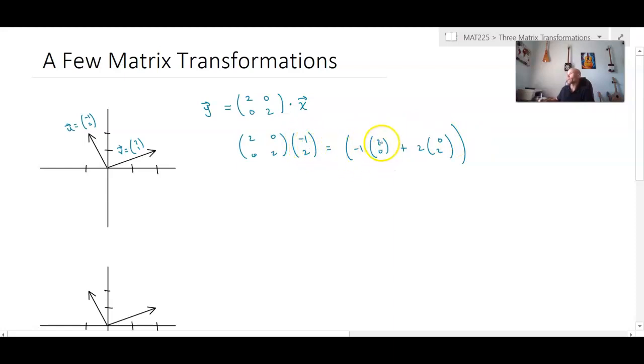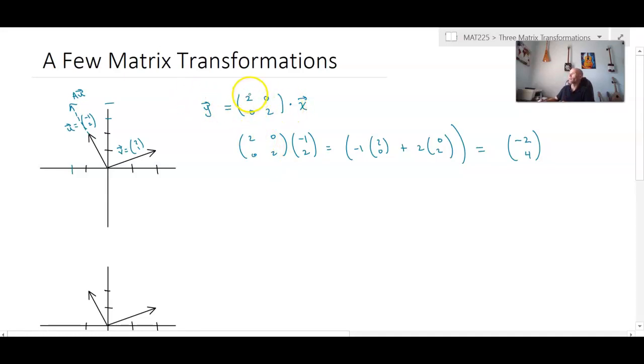We get the vector -2, 0, and here we get the vector 0, 4, and when we add these together, we get -2, 4. So it appears that all that really happened here is this vector stayed along the same line, but it got multiplied by a factor of 2. Effectively we've just doubled the length of the vector.